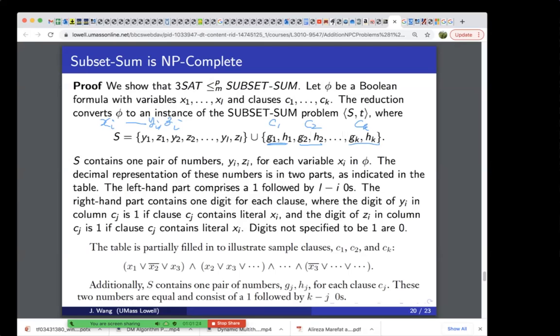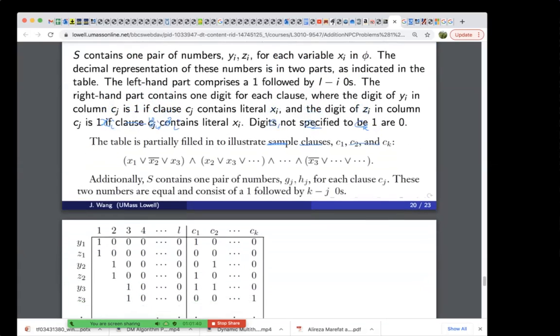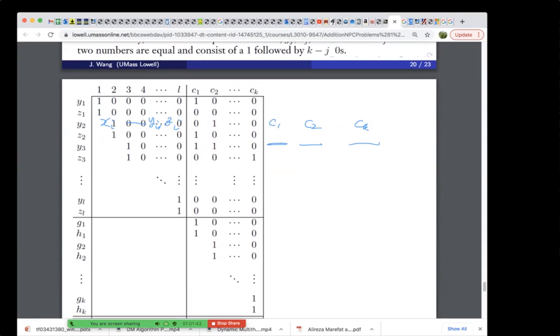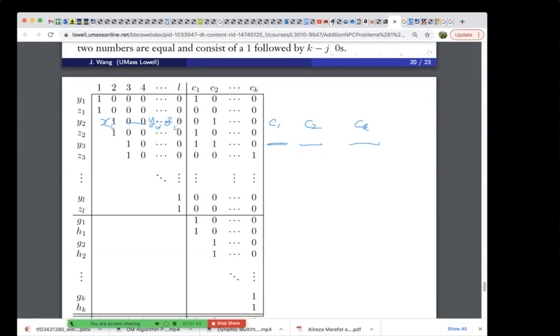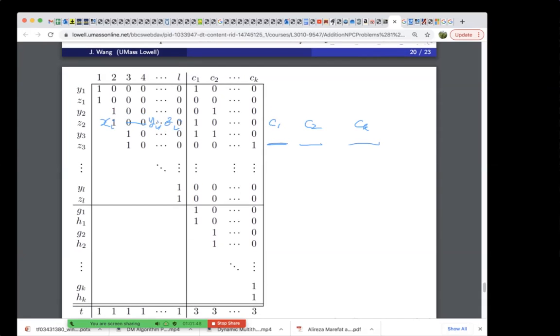Okay, and then we are going to make a connection of these variables to numbers. So this is how we make it. Now this is interesting because this encoding is kind of clever, but we do need to spend some time thinking about it.